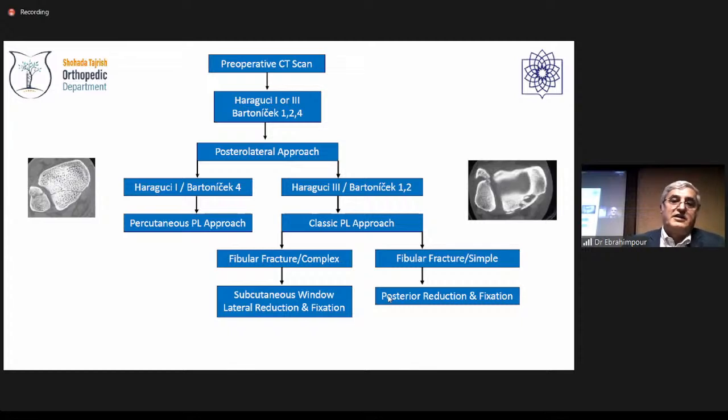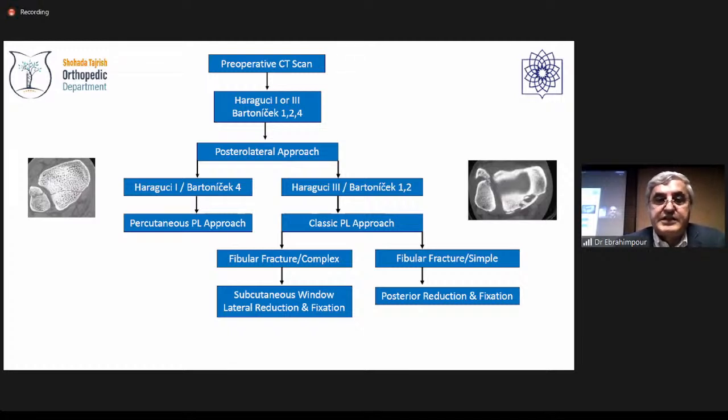This is an algorithm for Haraguchi type 1 or 2 and Bartonicek 1 to 4. A posterolateral approach is the choice for Haraguchi 1. As you see, a percutaneous posterolateral approach can be used, but in Haraguchi type 1 and Bartonicek 1, 2, the classic posterolateral approach.